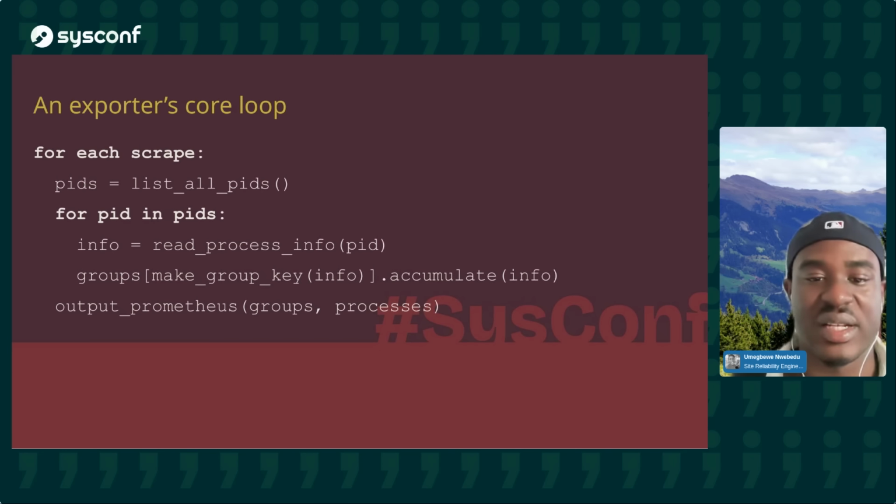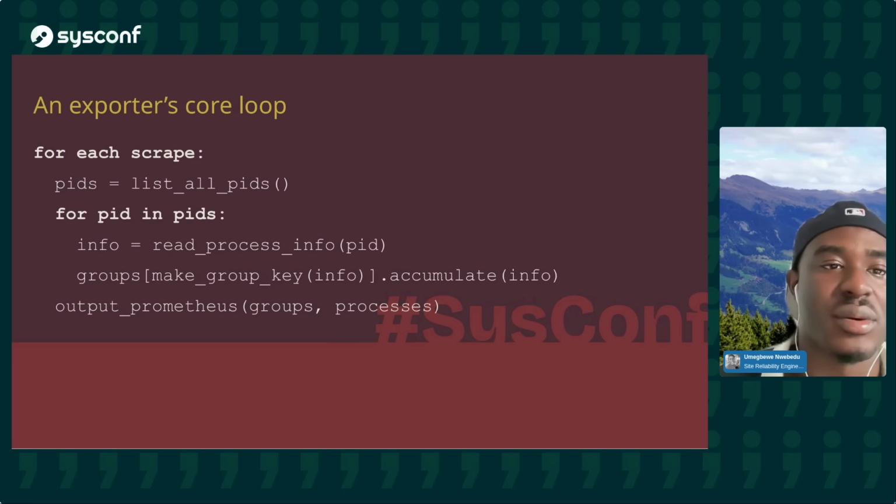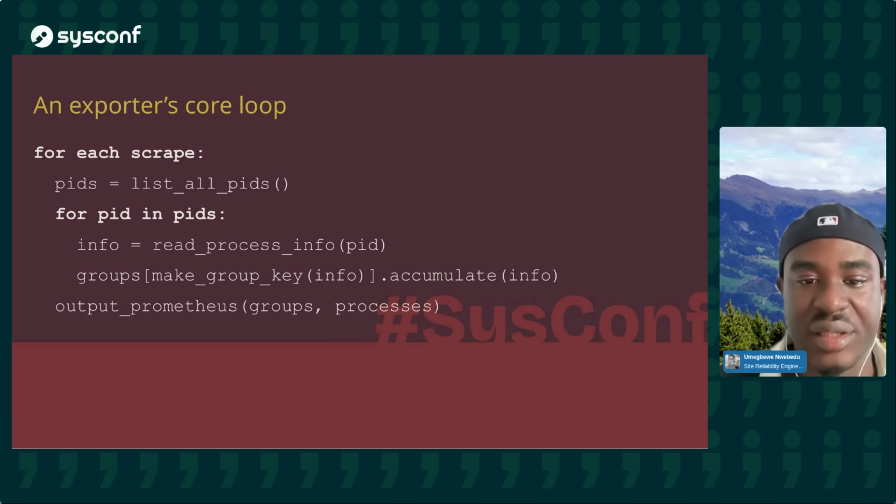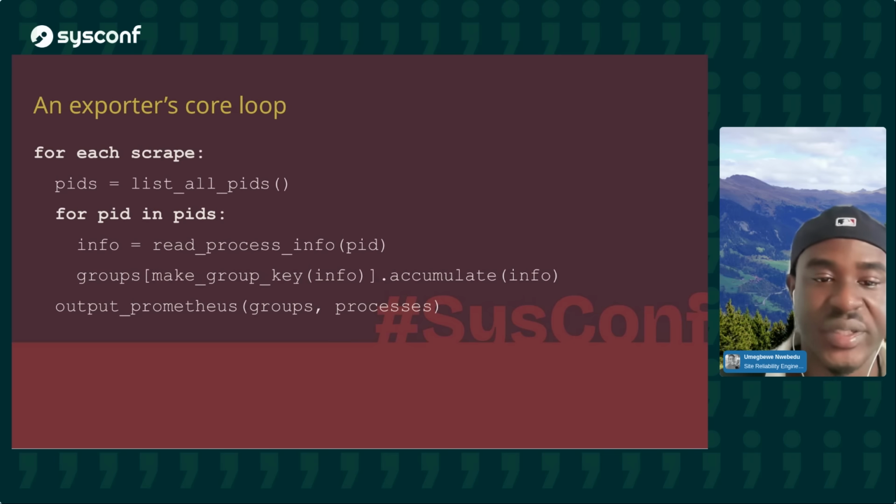And yeah, let's look at the high level of a process exporter. It is basically, for each scrape, get a list of PIDs, right? Ask the operating system for the process IDs running on this machine. Then for each of the process IDs, you ask the operating system again, hey, can I get the process info for this PID?